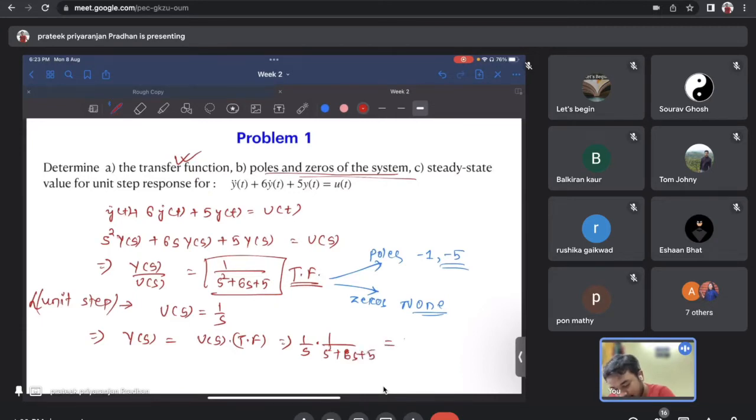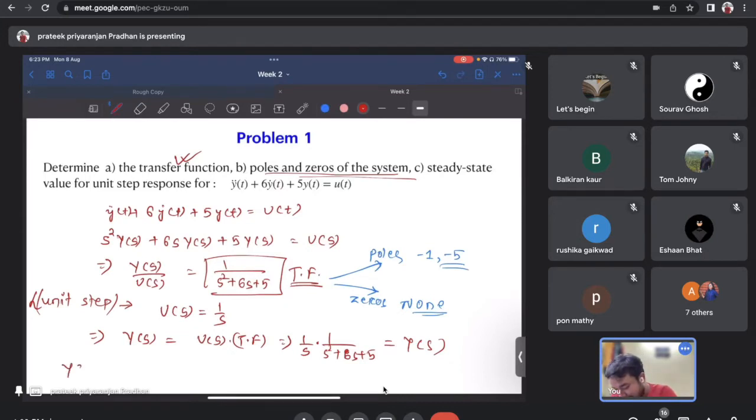The other thing you can do is take the inverse Laplace transform to get y of t. Before that, you need to do the partial fraction.